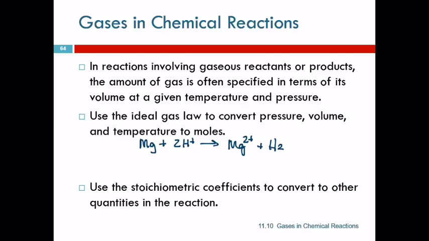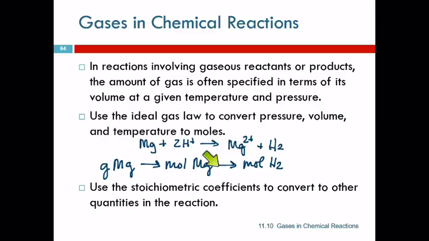And we had a mass of magnesium, and so we had grams of magnesium to moles of magnesium to moles of hydrogen gas. And we can calculate the expected or theoretical yield this way using stoichiometry.